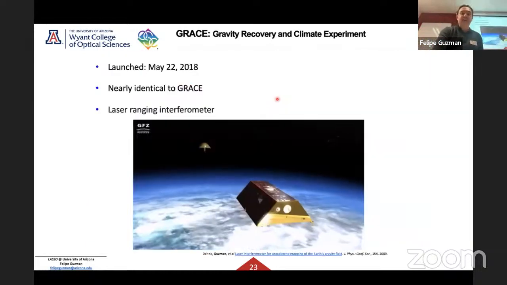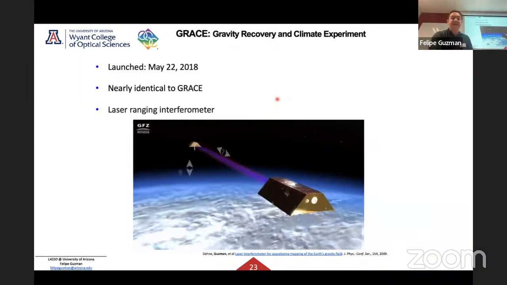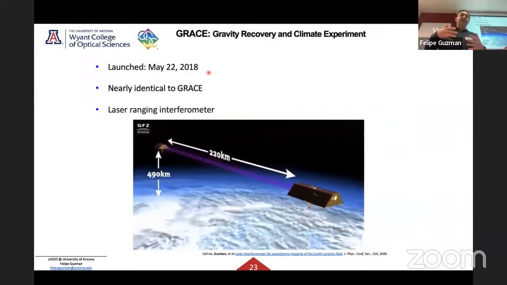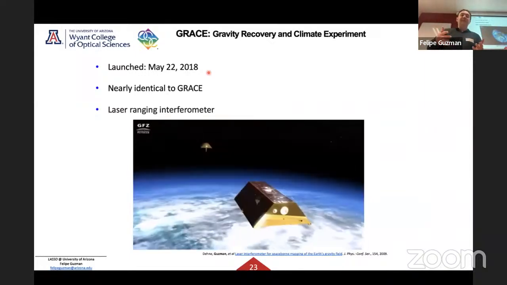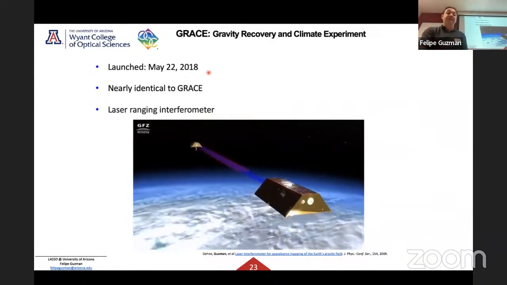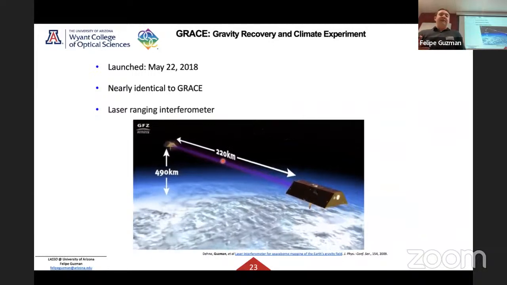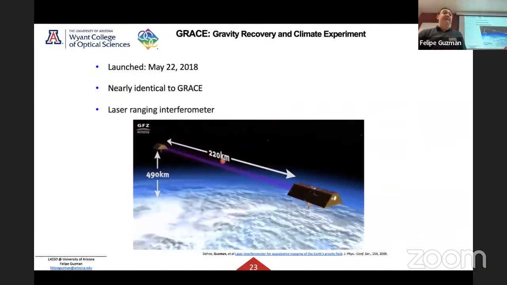And that was actually done for the second mission, GRACE Follow-On, that was launched in 2018, which had the same baseline, and the laser ranging interferometer was added to the mission as a technology demonstrator. And it has been very successful.